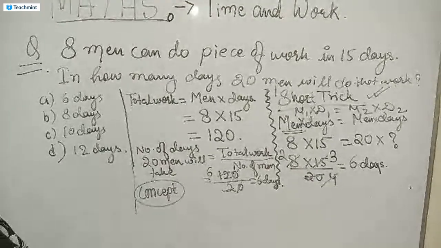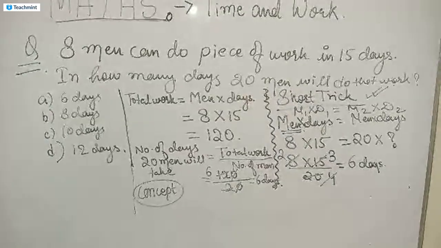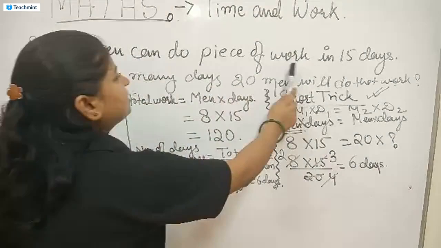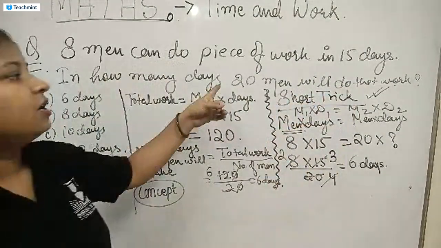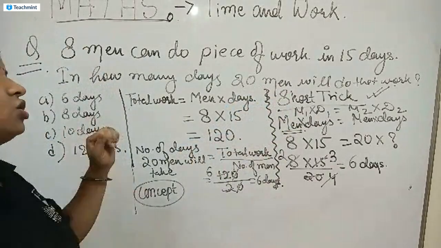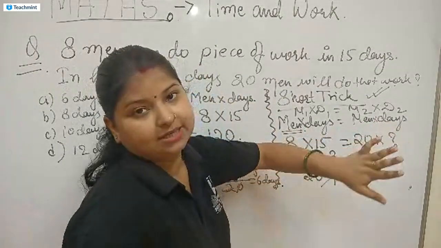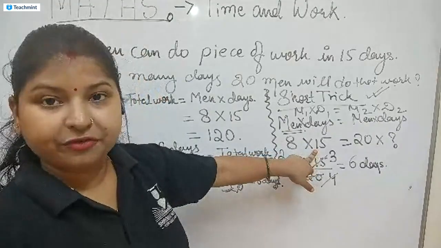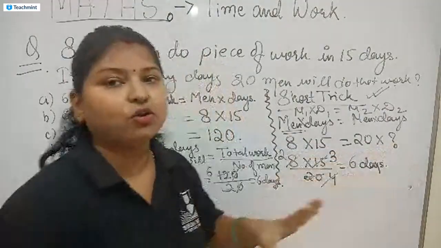I'm explaining you the short trick once more, dear. Please pay attention on the board. 8 men can do a piece of work in 15 days. In how many days will 20 men do that work? Short trick says men into days is equal to men into days. So 8 men take 15 days is equal to 20 into, I don't know how many days.